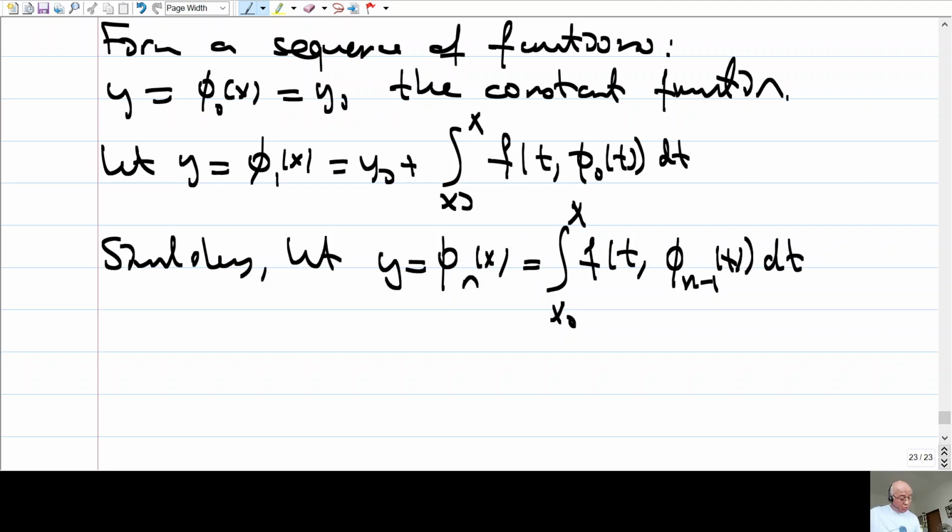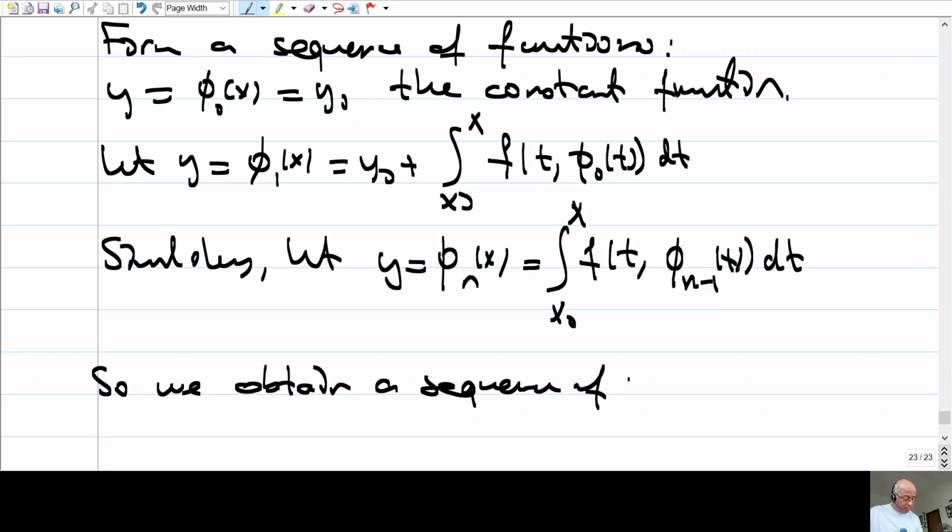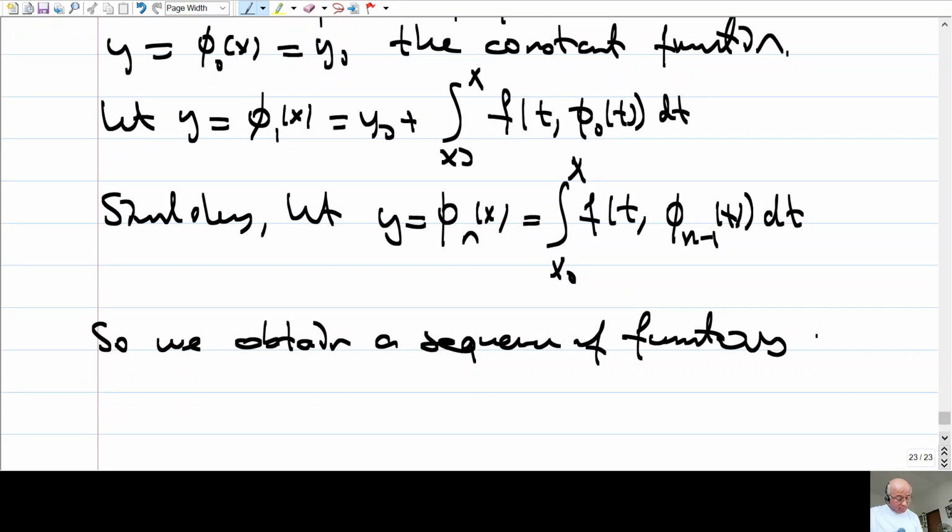And so we obtain a sequence of functions phi n of x.